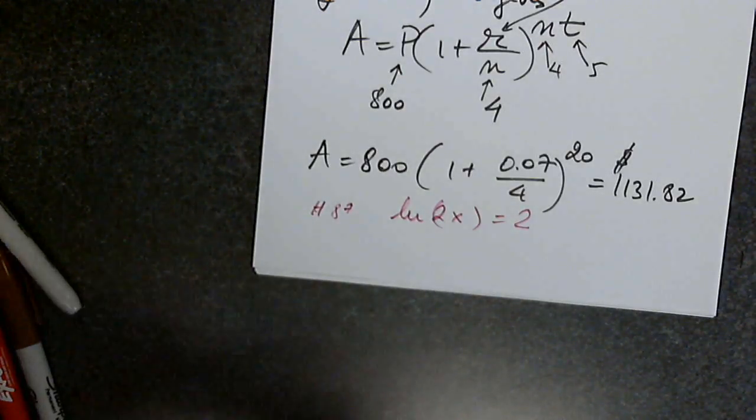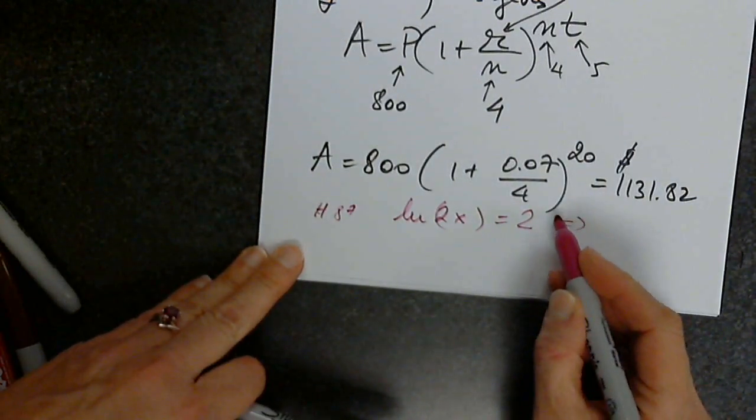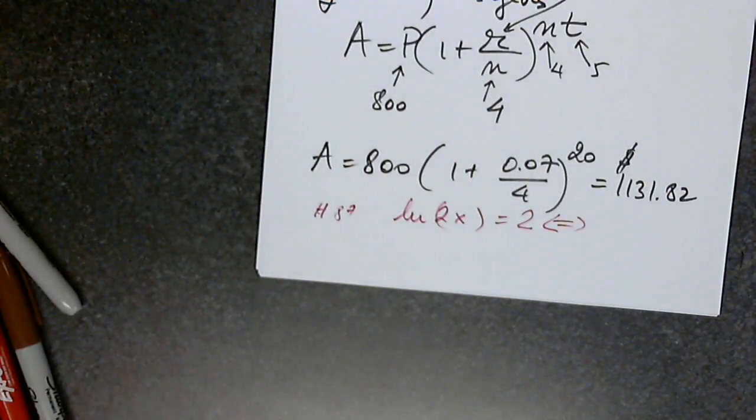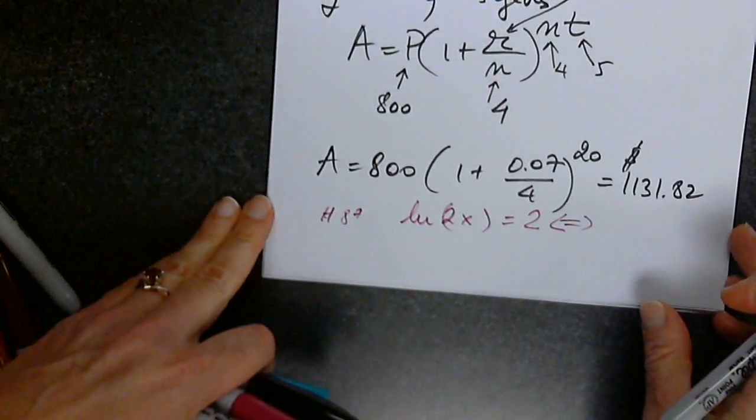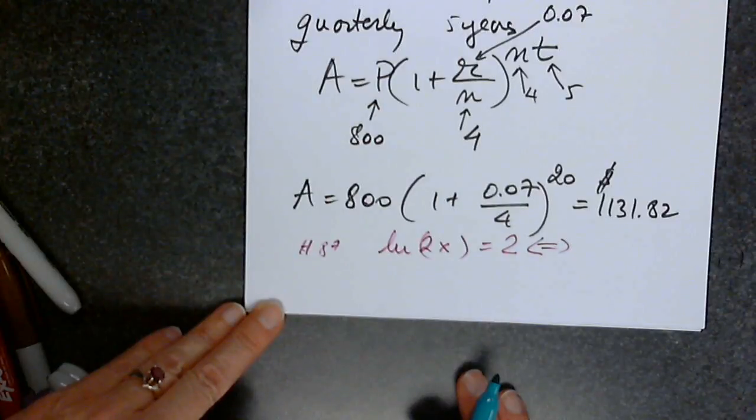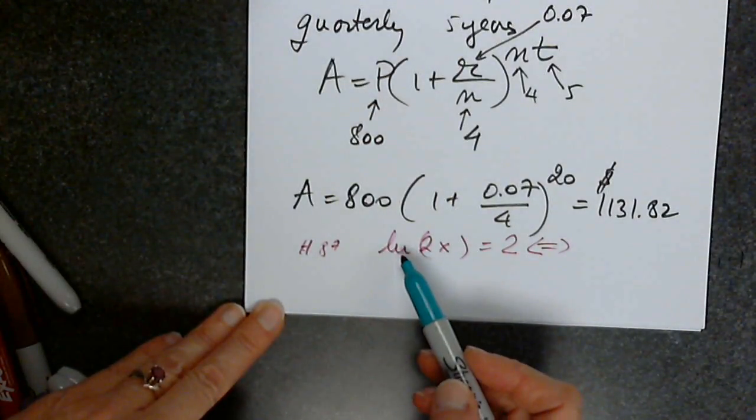I don't know how to solve this, but I know it can be replaced by an exponential equation. This is a log equation. Now I need to change it into an exponential equation. How do I write it? What is the base of natural log? ln.